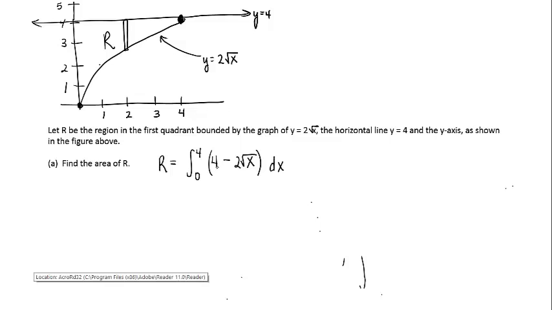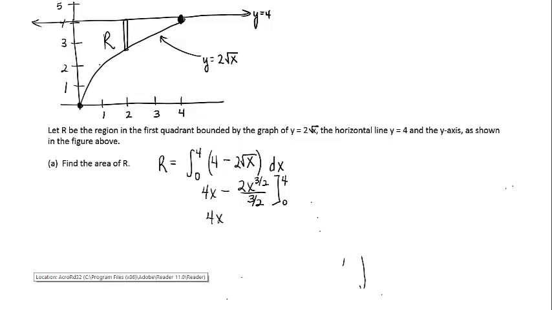When we take the integral, it's doing the derivative backwards. So the antiderivative of 4 is 4x, minus, we can just use the rules for integration where we raise the power by 1 and put it over that power. And then we'll be computing this from 0 to 4.